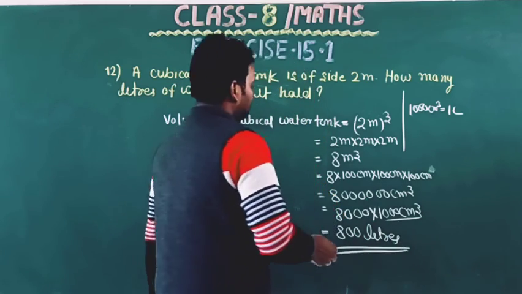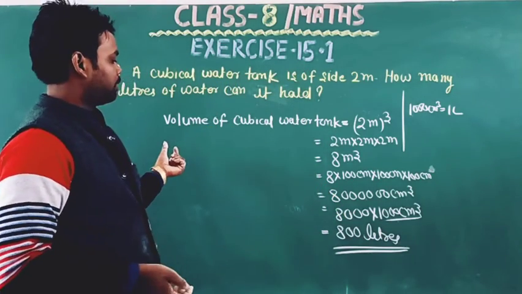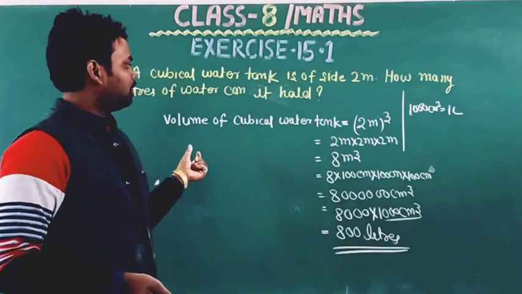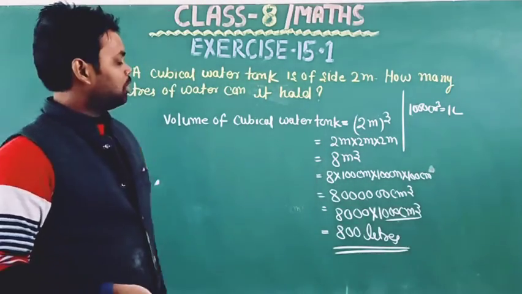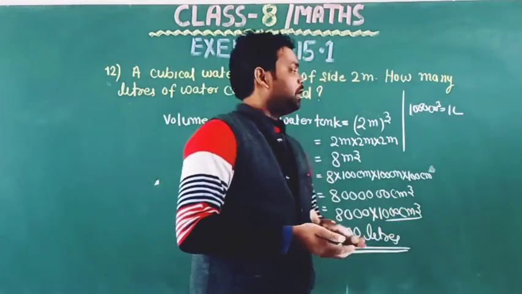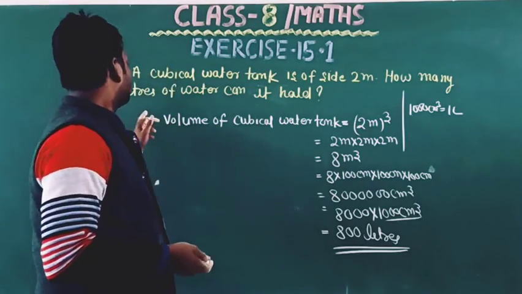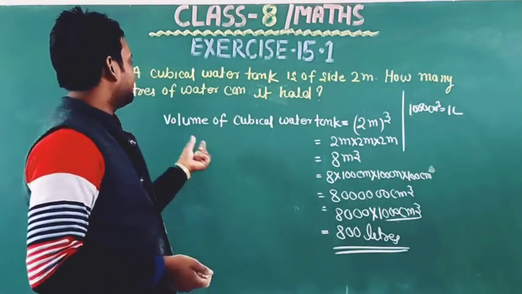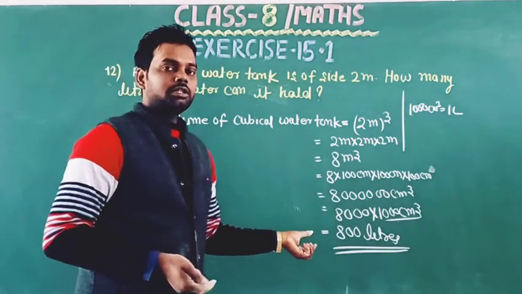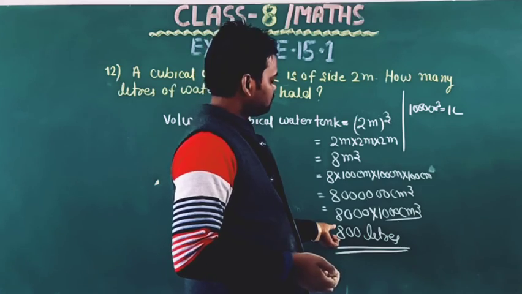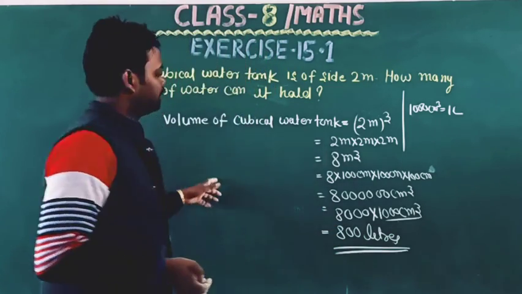So we get the capacity of the cubical water tank equal to 800 liters. Therefore the cubical water tank can hold a total of 800 liters of water. This is the required answer of question number 12.